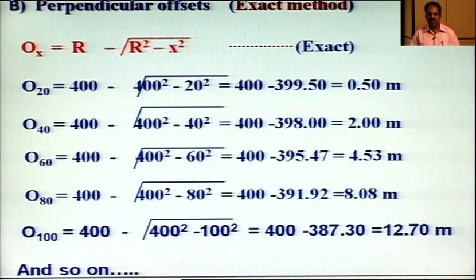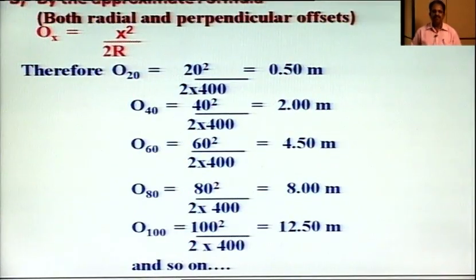So, in this way we calculate the value of the offset by using the exact method and the approximate method. We have calculated the perpendicular offsets by the exact method as O20 as 0.5 meter, O40 as 2 meter, O60 as 4.53 meter, O80 as 8.08 meter, O100 as 12.7 meter.